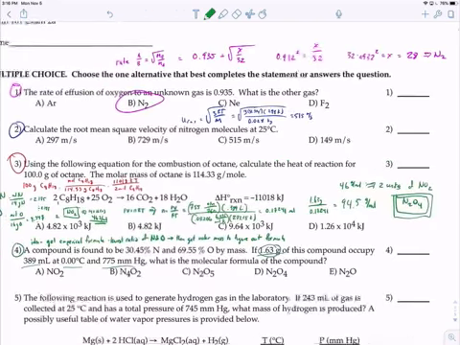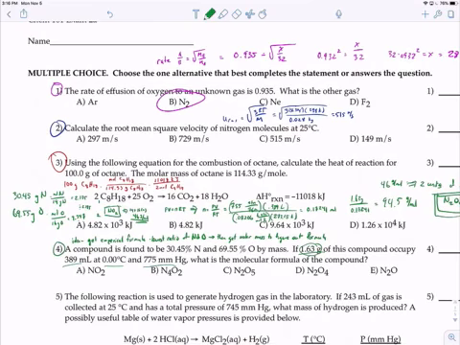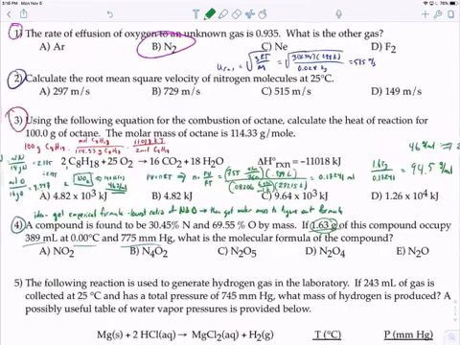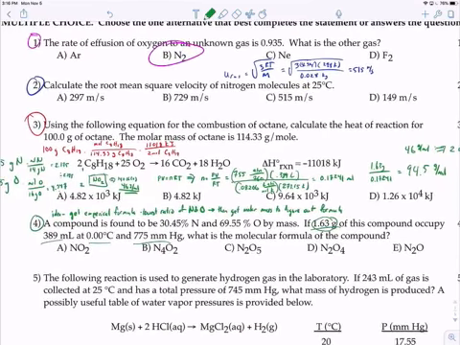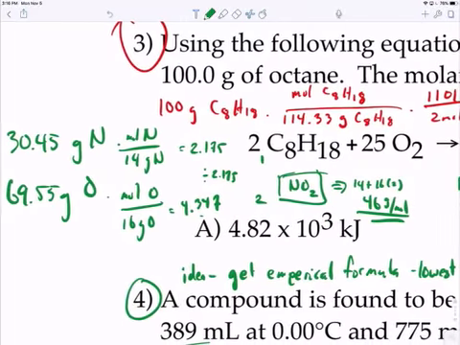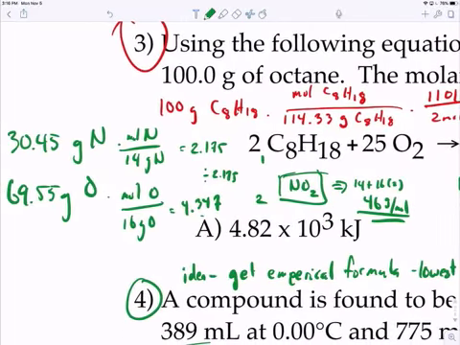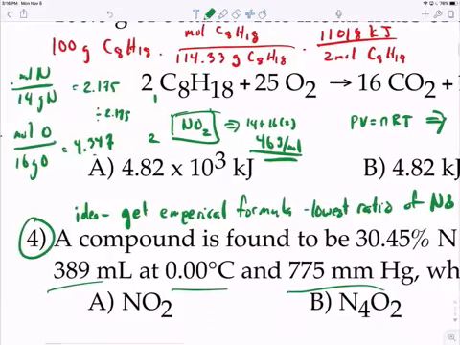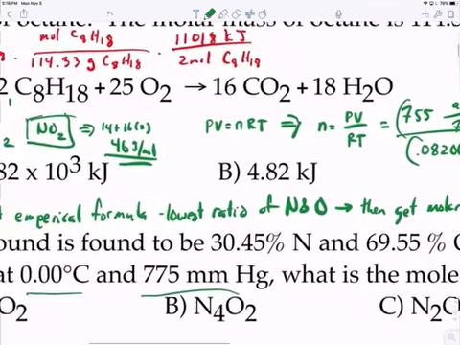Okay. This one's horrible. Okay. Recap for this one. A compound is found to be 30% nitrogen, 70% oxygen by mass. If 1.63 grams occupies 389 milliliters at 0 Celsius and 775 millimeters of mercury, what is the molecular formula for that compound? So first part is figuring out the empirical formula, and if we take the 100% and turn it into grams, we get a ratio of 1 to 2 for the nitrogen and the oxygen, or each unit being 46 grams per mole.